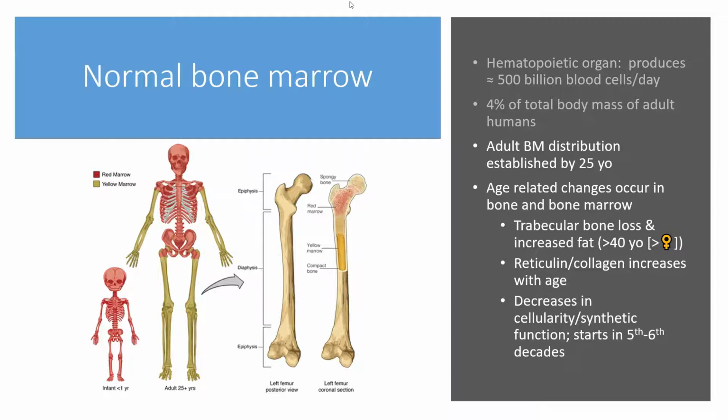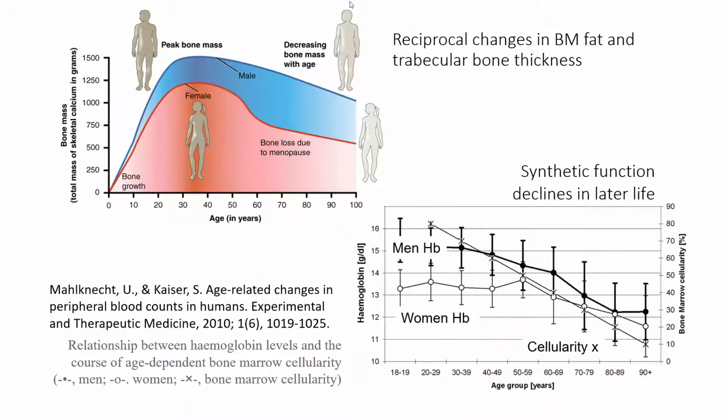But we also know that there are subsequent changes related to age that occur in older age groups, with loss of the normal trabecular bone and loss of synthetic function that occurs later on in life, with the deposition of reticulin and collagen into the bone marrow space.